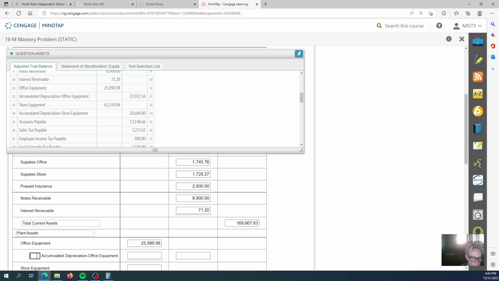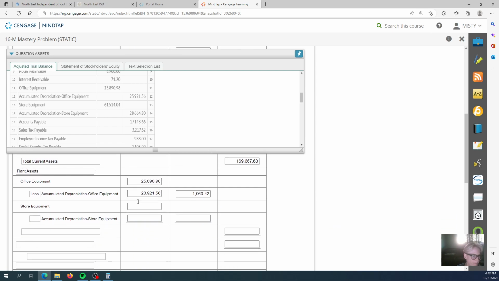And then less accumulated depreciation for our office equipment. Okay, so that's going to leave us with 1,969.42.